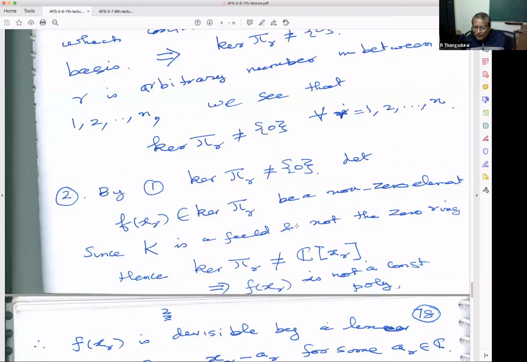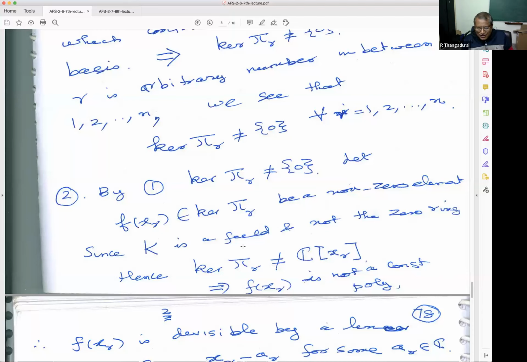Phi r is a ring homomorphism, 0 goes to 0, 1 goes to 1. Since K is a field, it is not a zero ring. Therefore, the kernel cannot be whole.